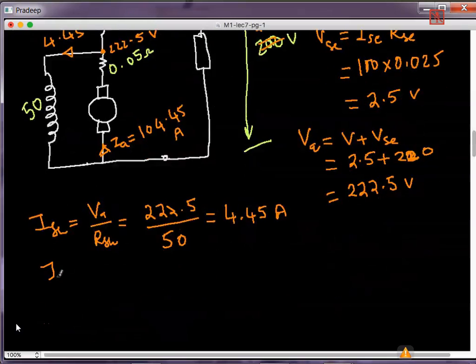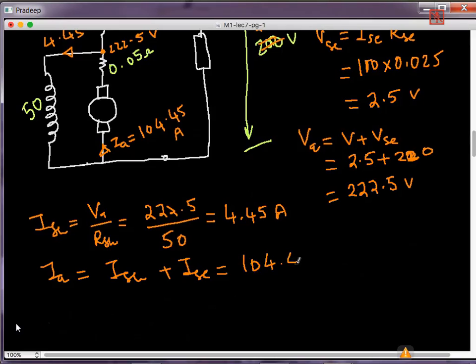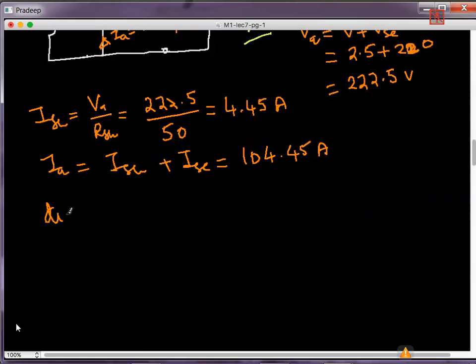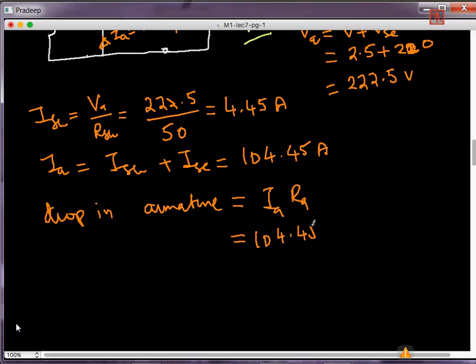So IA is ISH plus ISE, because it's a short shunt machine. That is nothing but 104.45 amperes. Therefore drop in the armature resistance is nothing but 104.45 multiplied by 0.05. So how much will that be?